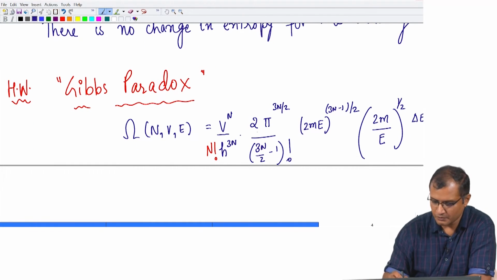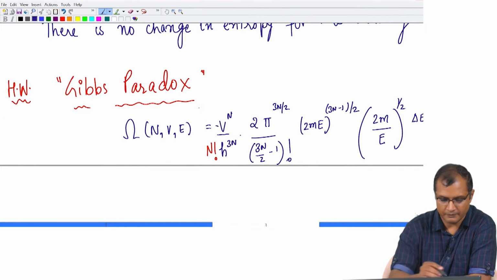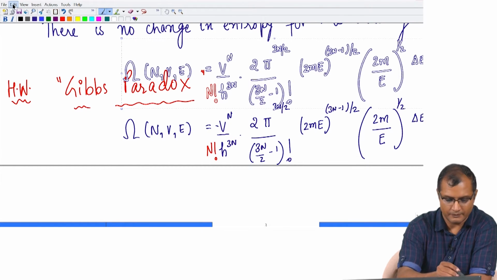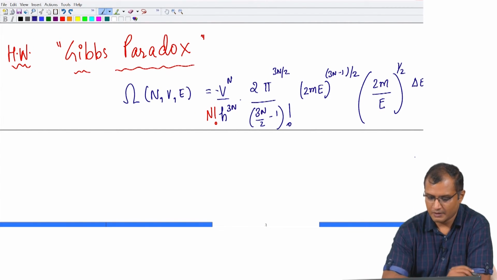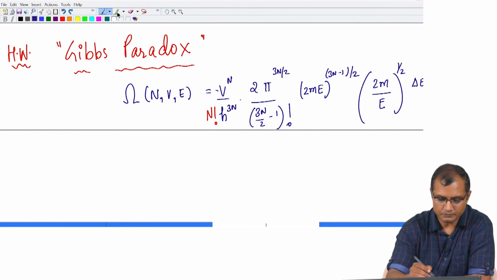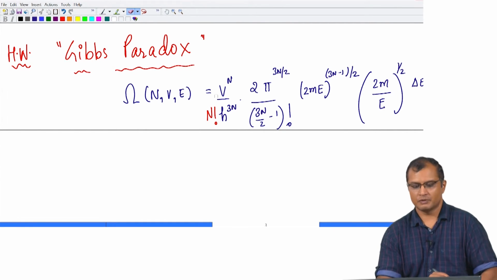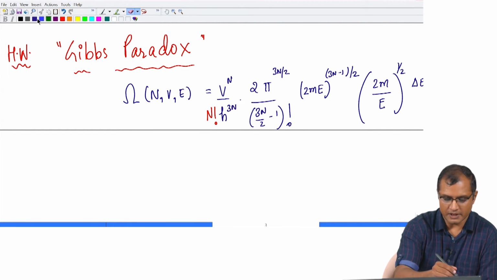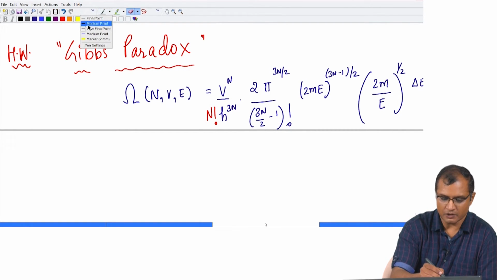Suppose you took the wrong expression for the number of microstates, you did not take the N factorial.